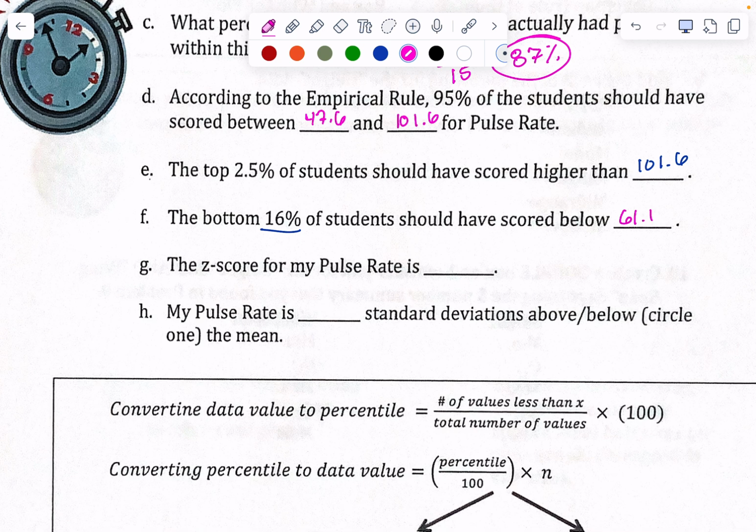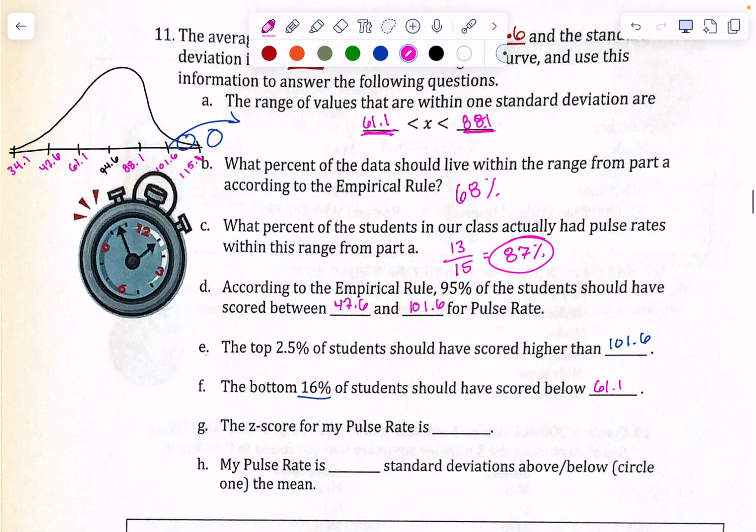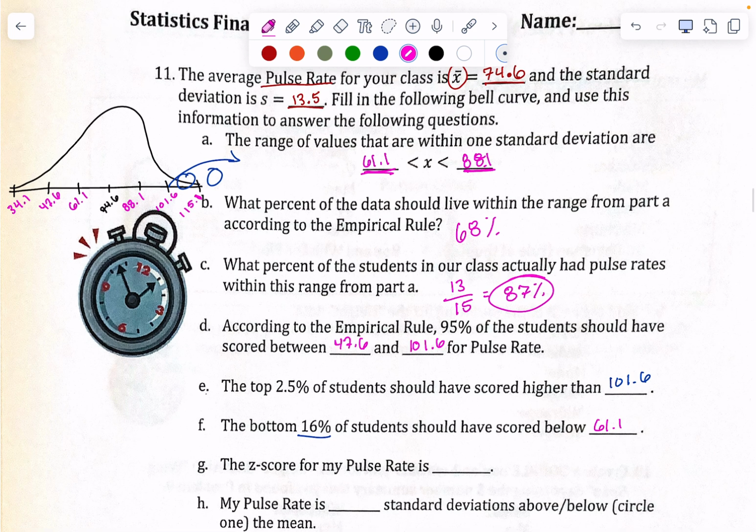Take yours minus the mean, divided by the standard deviation. How far are you away from average? 13.5. But I got like a 67 number. I got negative 0.74. Because you got to put parentheses around the top, otherwise it will say no bueno.